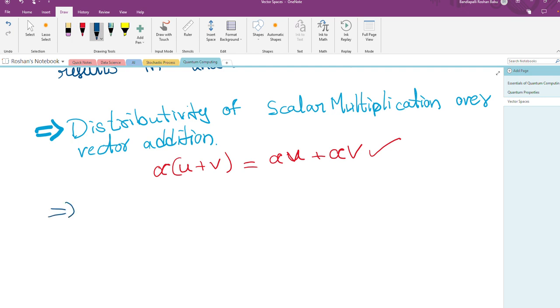Then the second property, scalar multiplication over scalar addition.